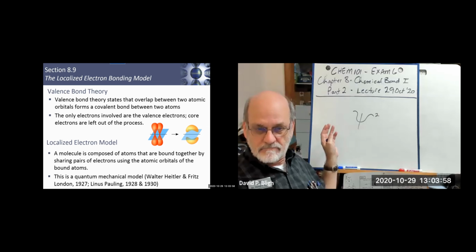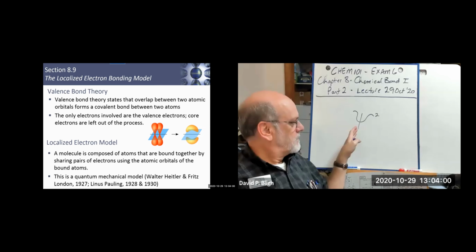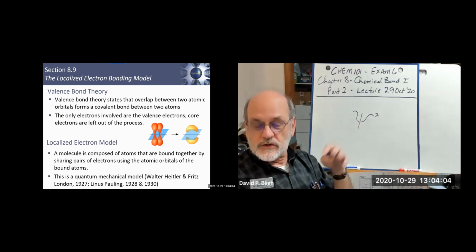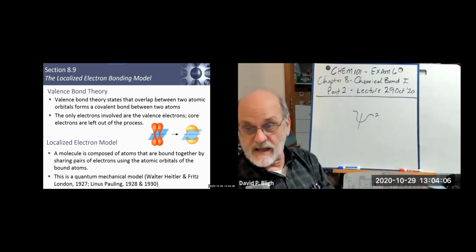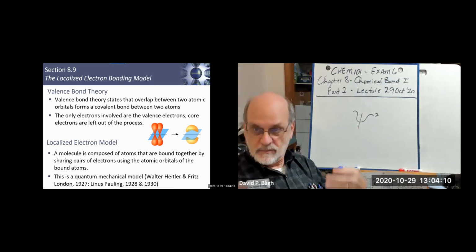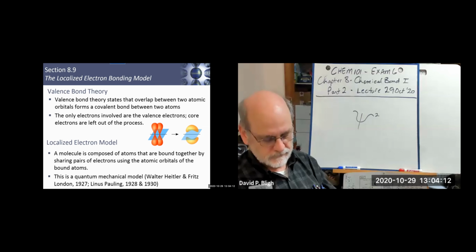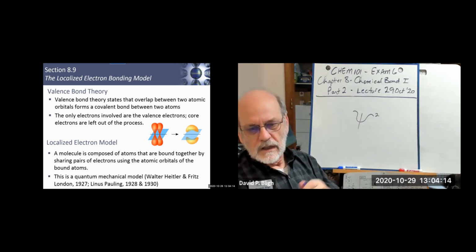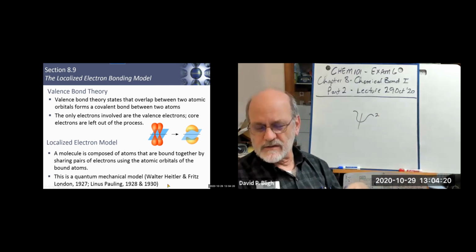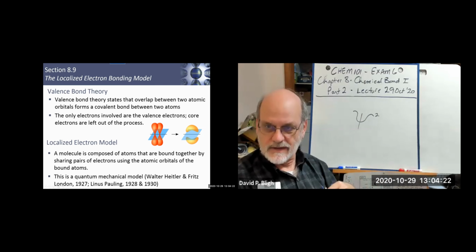Well, Heitler took those equations and used them to describe the bond itself, not just the electron density around an atom, but between two atoms that are bonding. And then Linus Pauling came along later and solved a couple more problems that developed with the model as it was being used by others. It only took him a couple of years to figure it out.